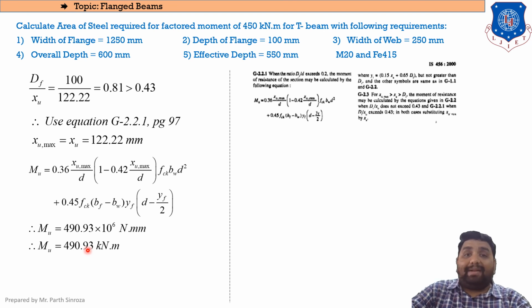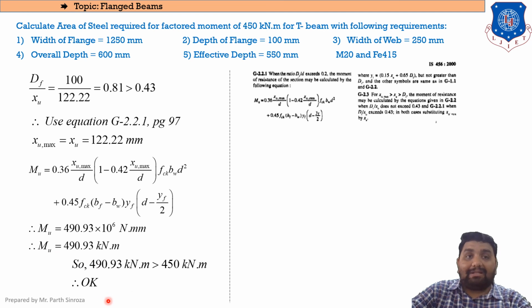So after finding the value of MU, the statement must compulsorily and mandatorily be written that the maximum capacity, or the maximum moment that this steel bar can carry, is 490.93, and the moment that was asked in the question was 450 kilonewton meter. Okay? So as this answer that we obtained is greater than 450 kilonewton meter, that means the AST that we have provided is correct. This statement is a must whenever a design problem is asked.